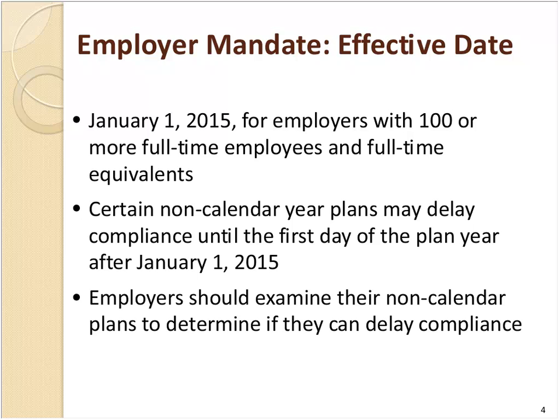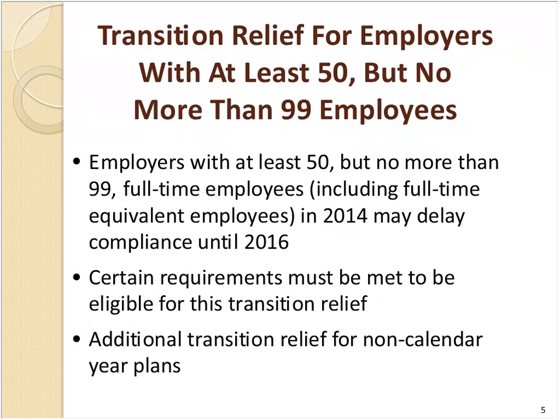All employers should carefully examine their non-calendar plans to determine whether they can delay compliance, and in situations where they want to, there are a number of conditions. The conditions aren't listed on the outline, but those conditions need to be checked to make sure the employer is entitled to delay the effective date.